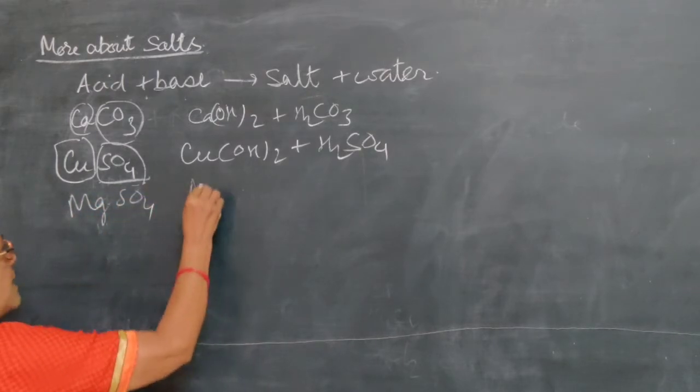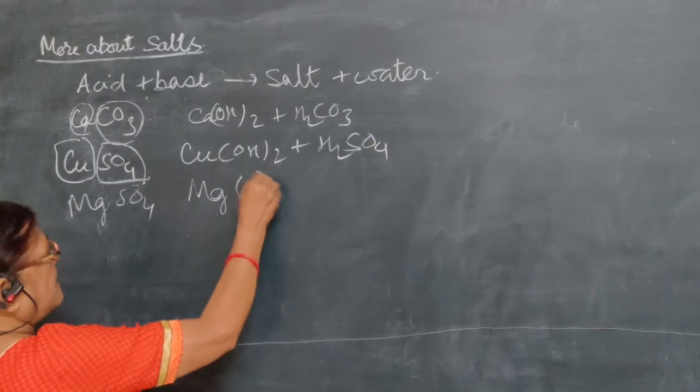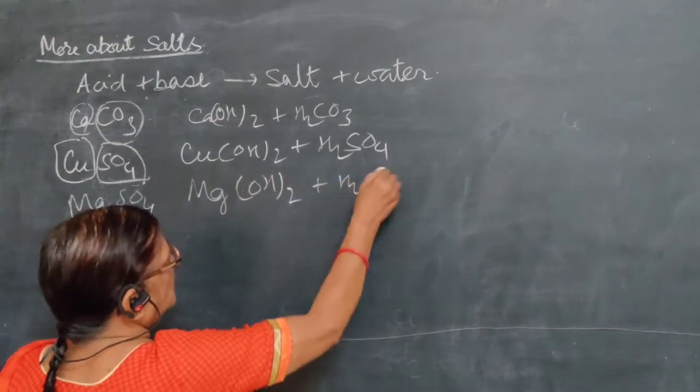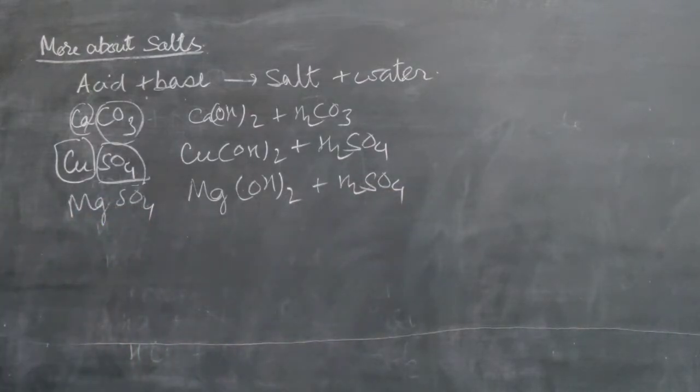Here the Mg, magnesium, is from the base, and the acid again is H2SO4. In this way, on the basis of the name of the salt, we can identify the name of the acid and base used to make it.